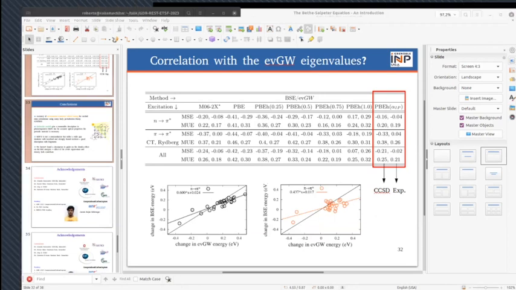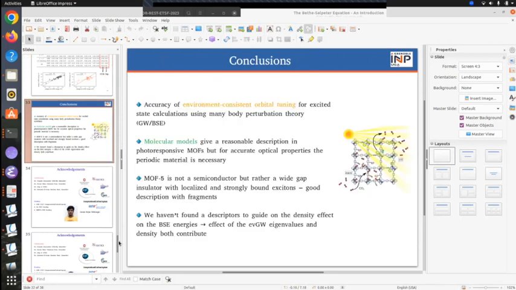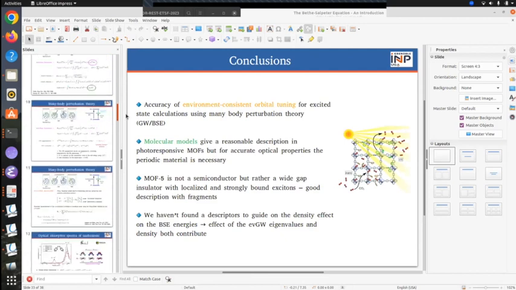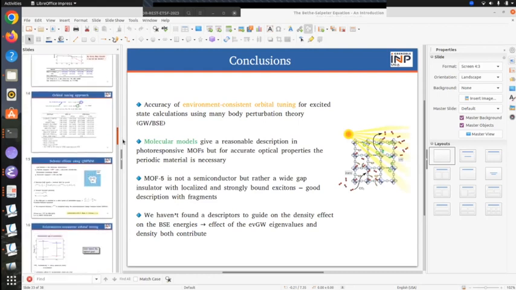By looking at the numbers about the peak position, when you do the full calculation, DFT, GW, and then Bethe-Salpeter, it seems to me that when you start including the environment, not only do the values of the GW and Bethe-Salpeter results change, of course, but also the binding energy changes a lot.